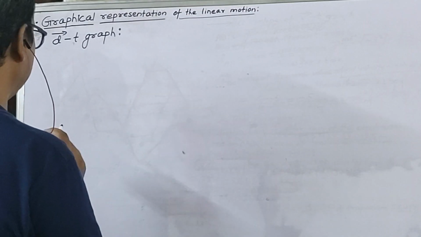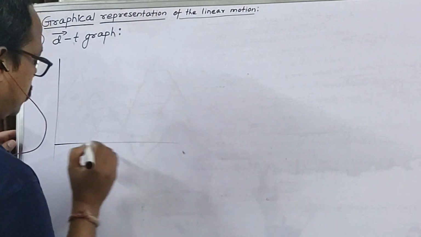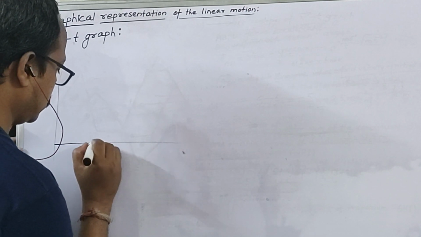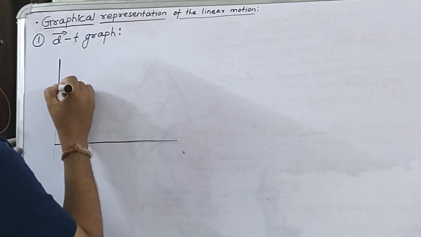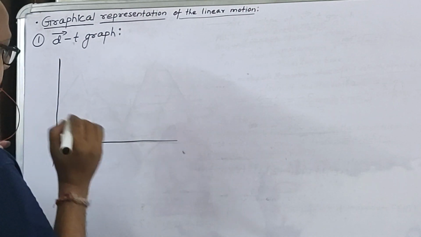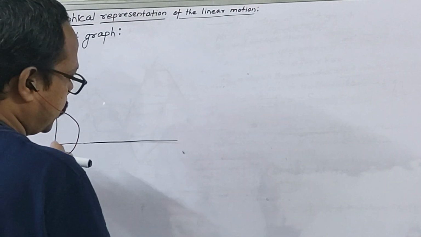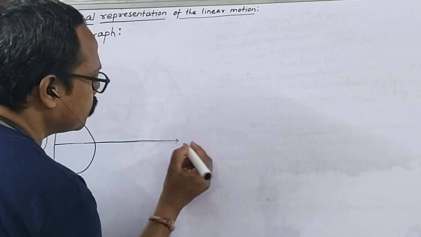Here, as the name suggests, we are representing different types of graphs.